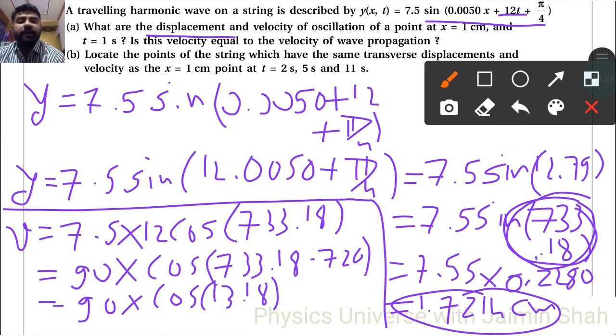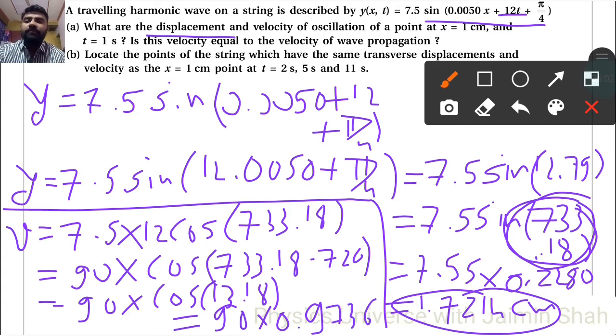Now you can easily find this with the help of a cosine table. If you don't have a cosine table, you can convert this into sine: sine of 90 minus 13.18, and whatever that value is you can directly find. So this value is 90 into 0.9736, which is 87.62.